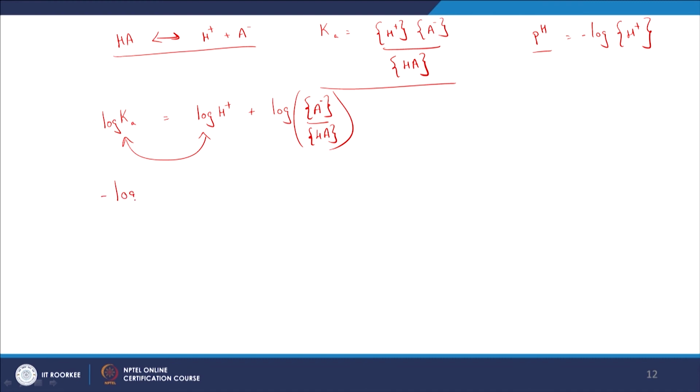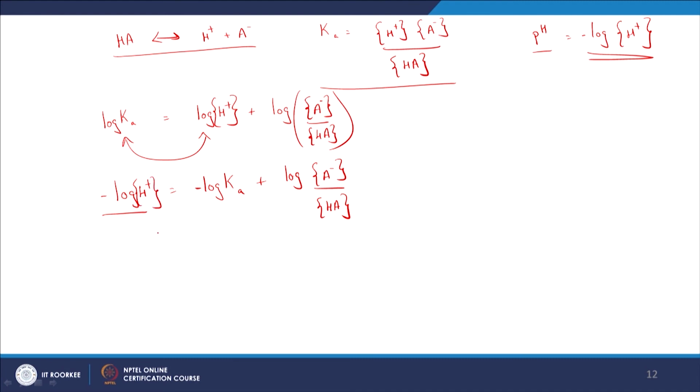So, minus log H plus is equal to minus log Ka plus log activity of A minus by activity of HA, right, and this is what we have. So, what is this particular term here?